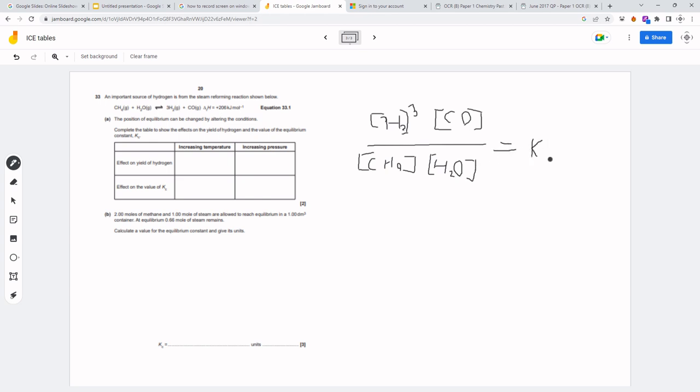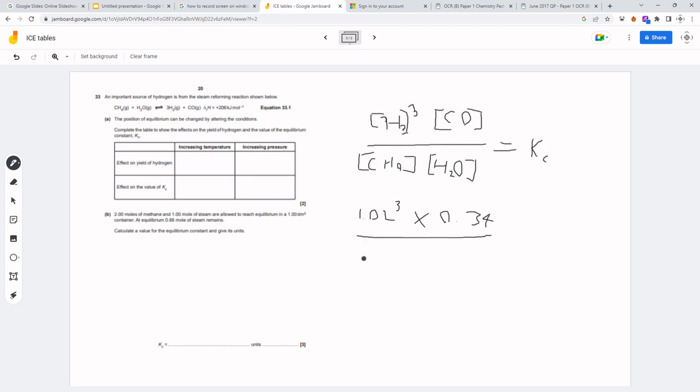Now, if we just quickly put in our values, so that's 1.02 cubed times 0.34 divided by, what was it again?